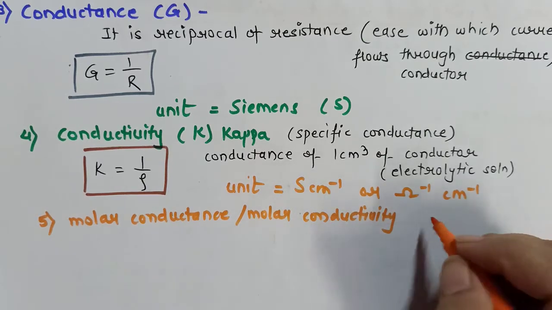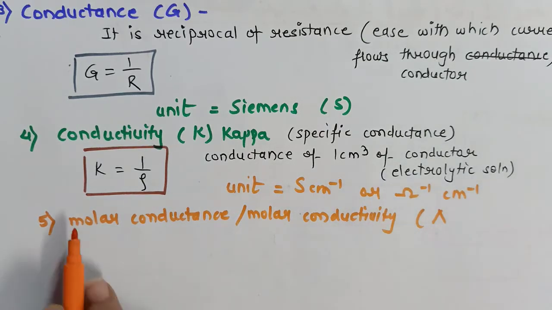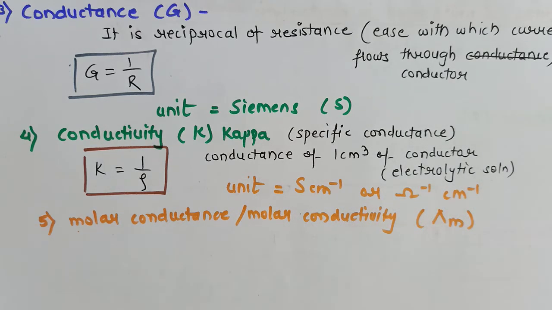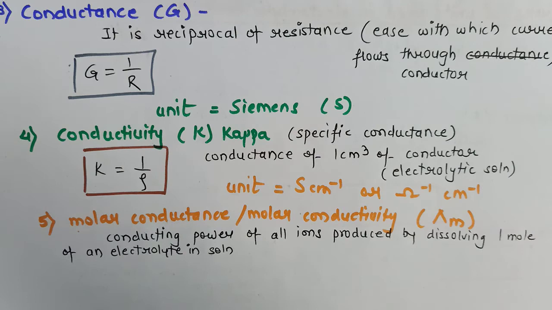It is denoted by lambda, and since it is for molar, for number of moles, we will write subscript m. So lambda m is the symbol for molar conductance. Now we can define molar conductance from the name itself: conductance of 1 mole of the substance.